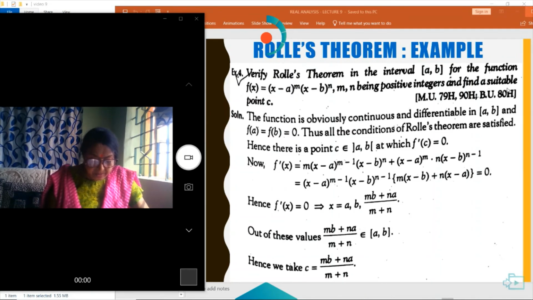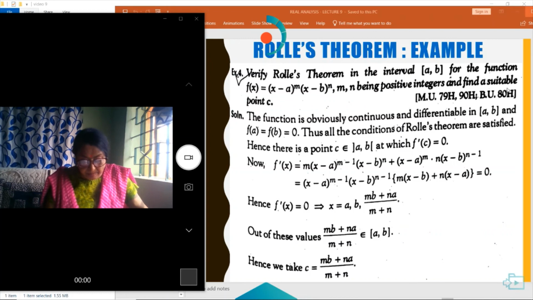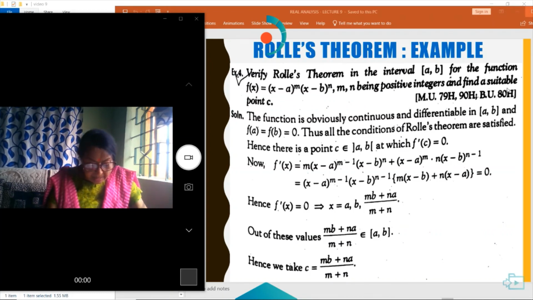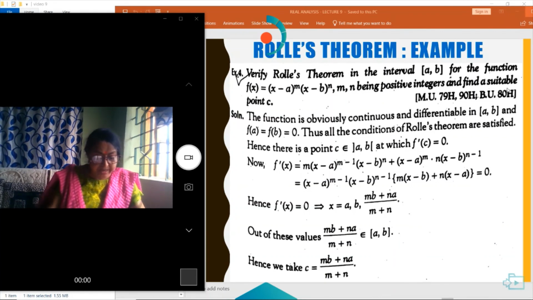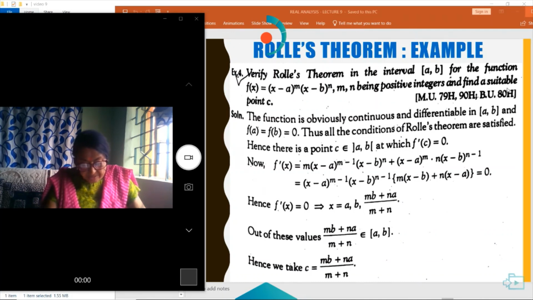Let f(x) is equal to (x minus a) to the power m into (x minus b) to the power n, where m and n are positive integers, and find a suitable point c. The function is obviously continuous and differentiable in the closed interval a to b, and f(a) is equal to f(b) is equal to 0.